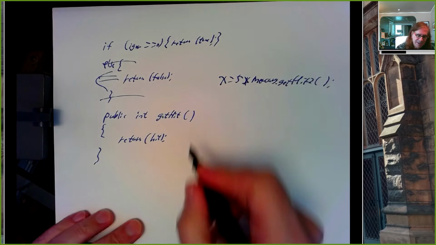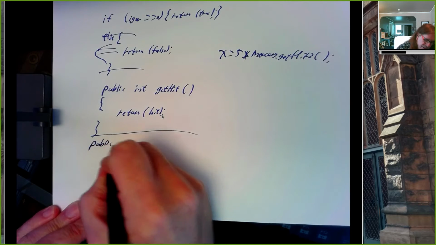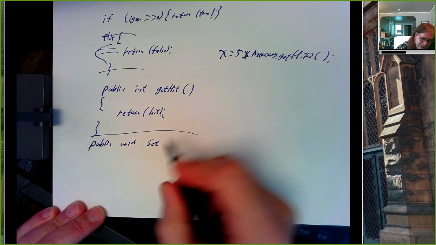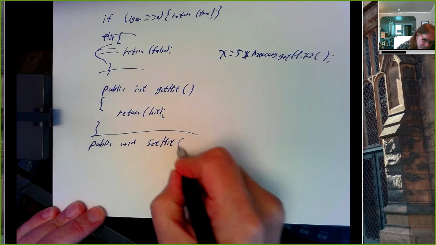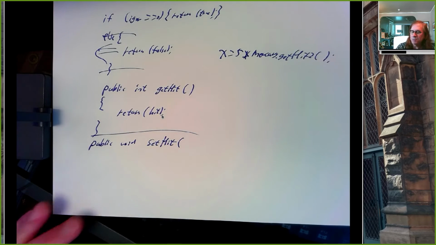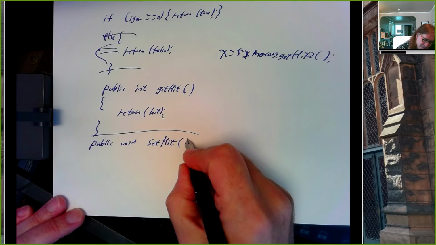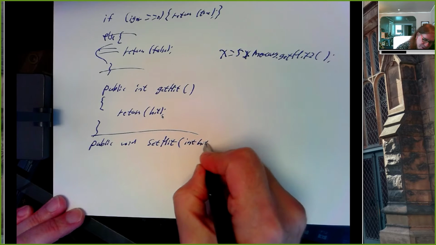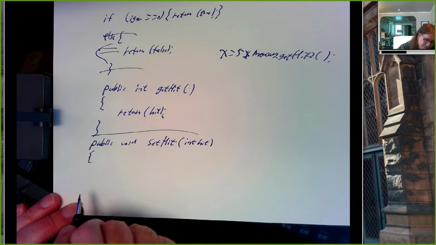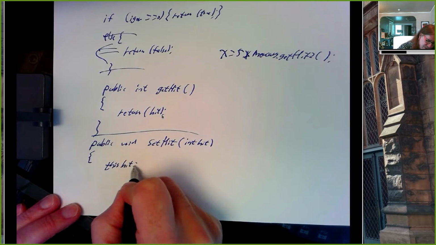And then to change values, we have mutators. So a mutator generally doesn't return anything. It's called set instead of get. And it takes an argument. And we could call this argument anything we want, but usually this is another case where we'll use the keyword this. So we'll give an argument, which is the name of the thing we're trying to set or mutate. And so we would say this.hit equals hit.